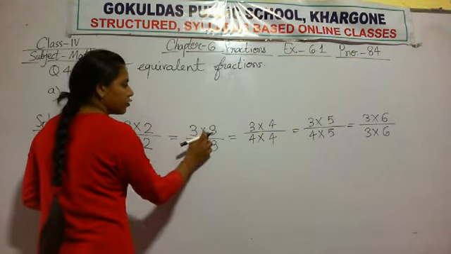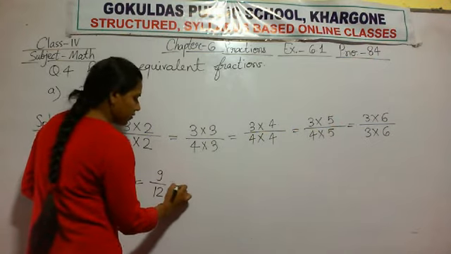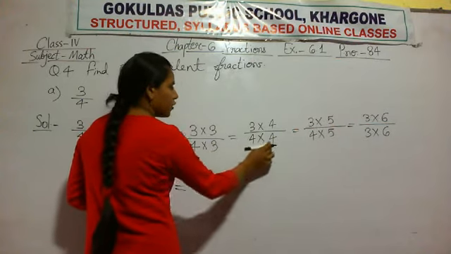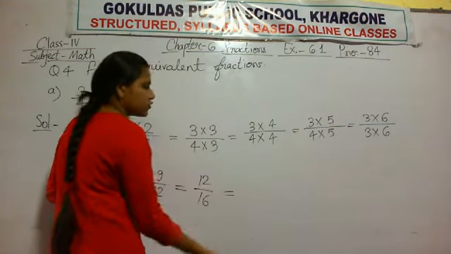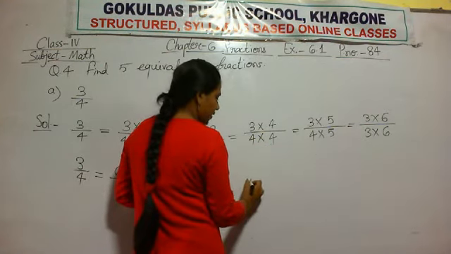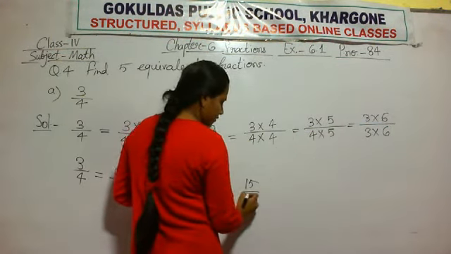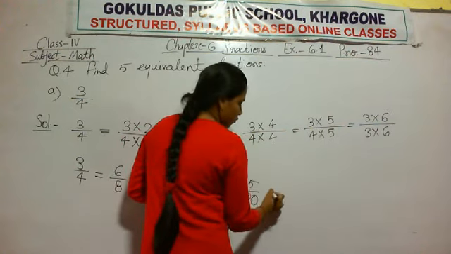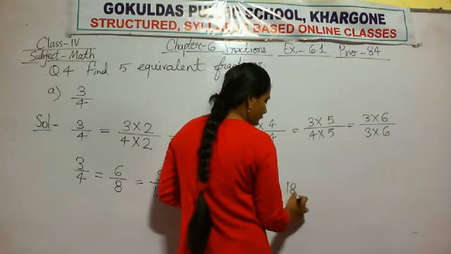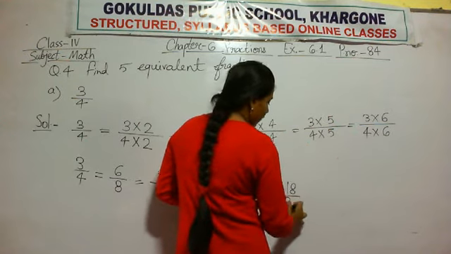Now solve this. 3 into 3, means 9, upon 4 into 3 is 12, is equal to 3 into 4 is 12 upon 4 into 4 is 16, is equal to 3 into 5 is 15 upon 4 into 5, which gives 20, is equal to 3 into 6, 3 6s are 18, upon 4 into 6, 24.